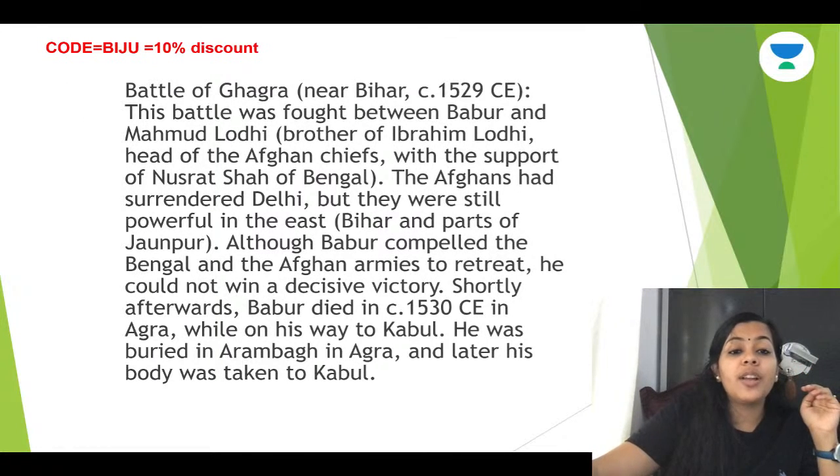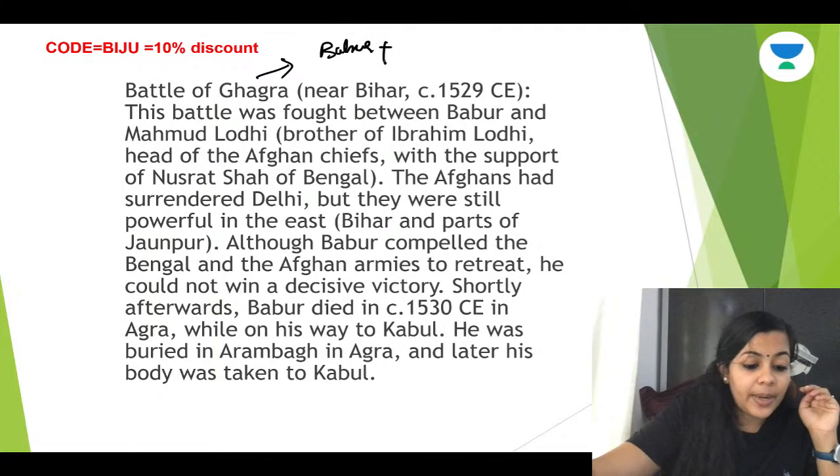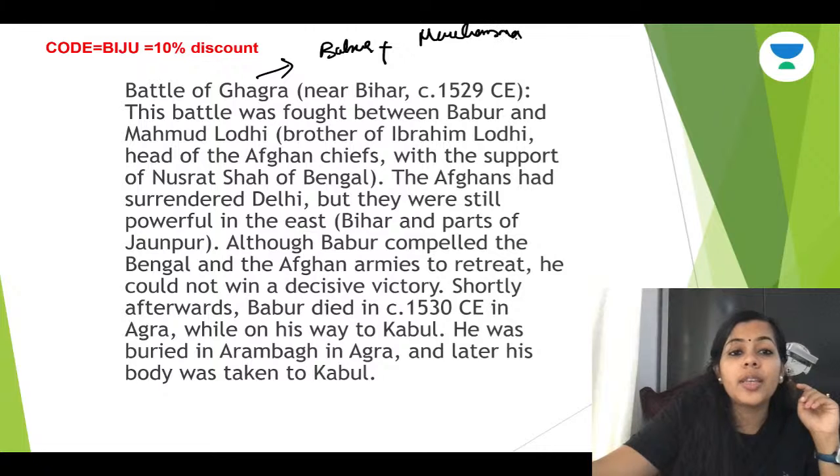The Battle of Gagra was between Babur and Mahmud Lodi, the brother of Ibrahim Lodi.